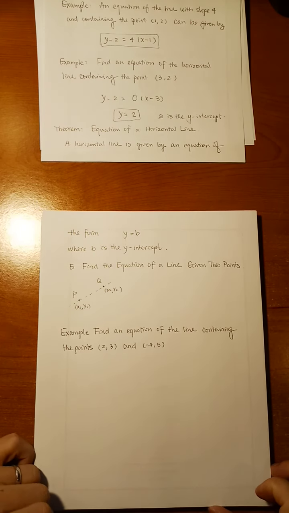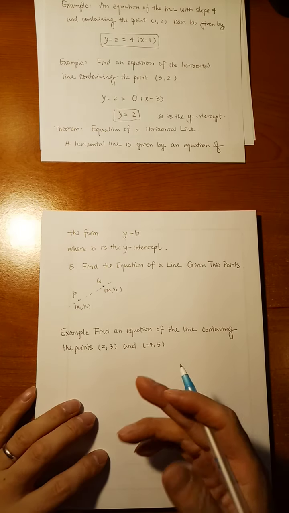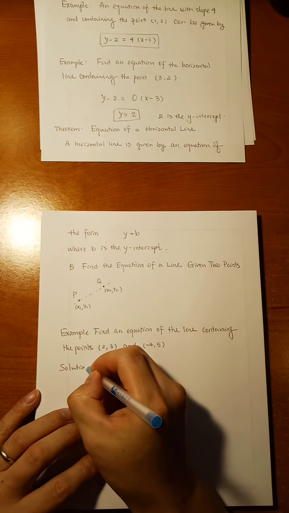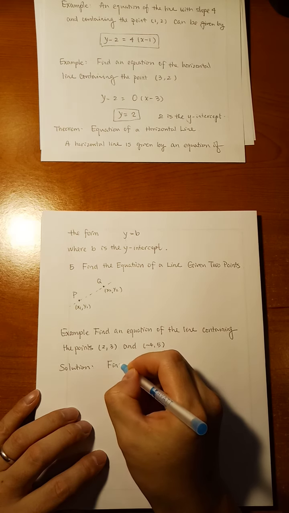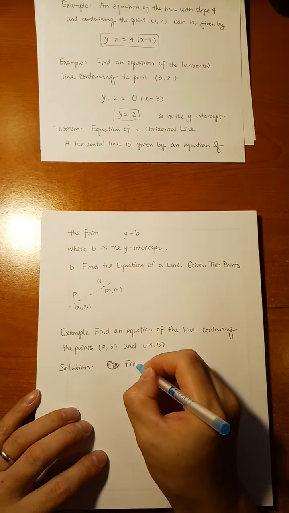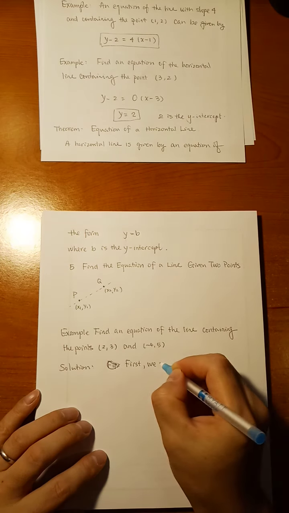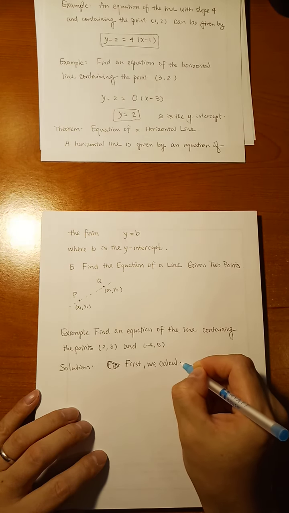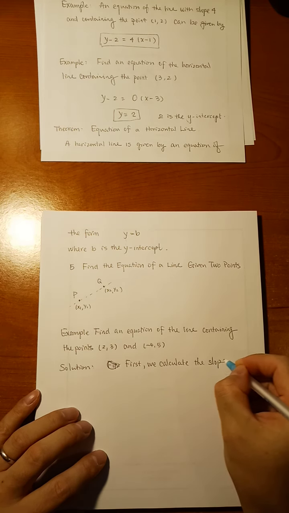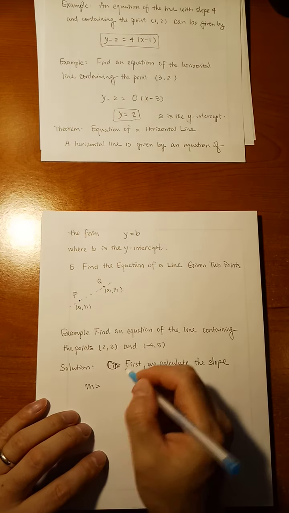Okay, so you have 2 points. How do you compute slope? First, we calculate the slope. Slope m. Remember how do you compute slope?